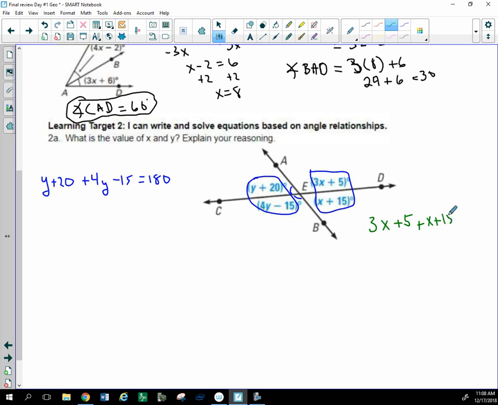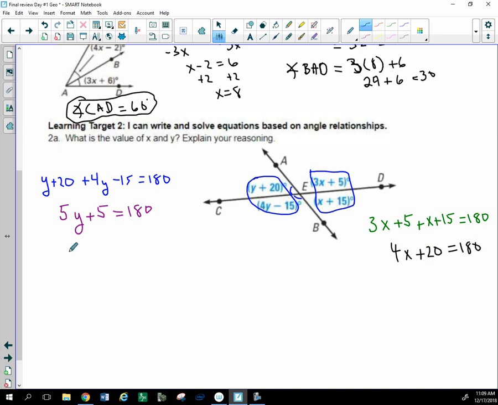And so those are my 2 equations that I'm going to solve. I'm going to combine like terms in the blue and get 5y plus 5 equals 180. And I'm going to combine like terms in the green, and it's going to look like 4x plus 20 equals 180.